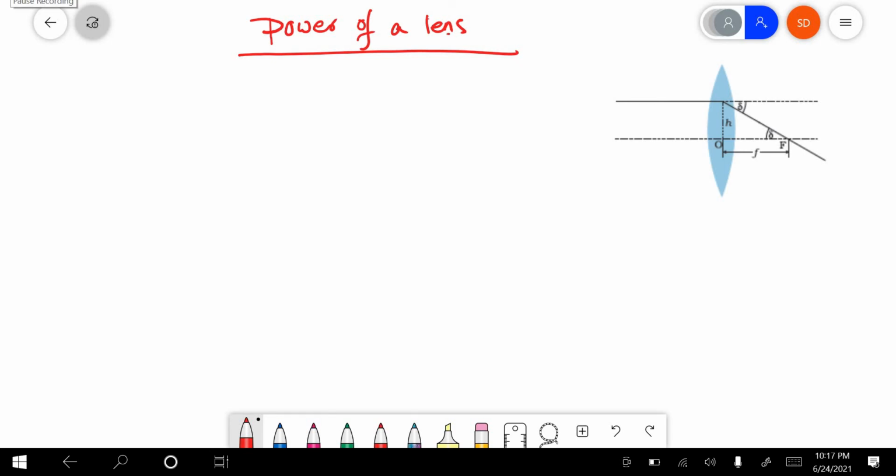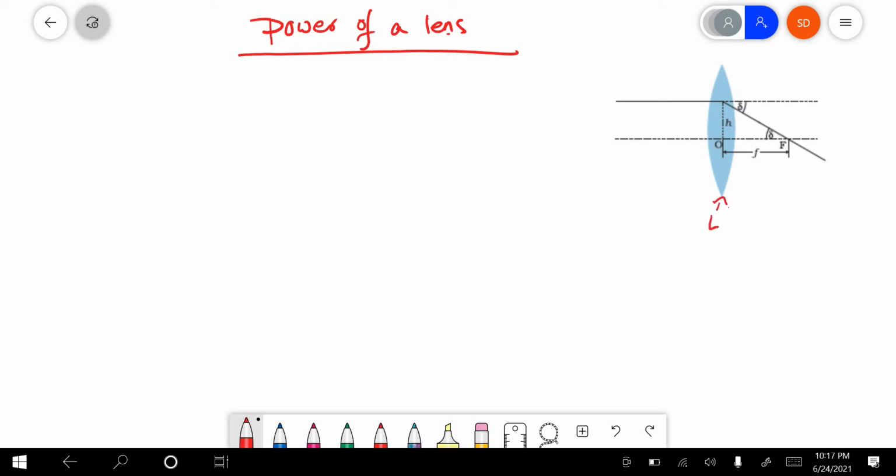Hello, in this video I am going to discuss a new topic called power of a lens. As we can see, here is a diagram representing a lens.